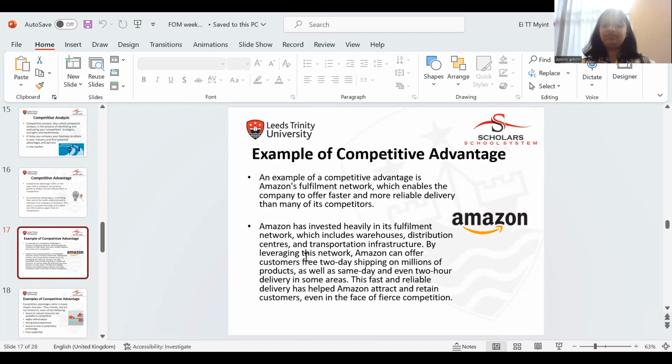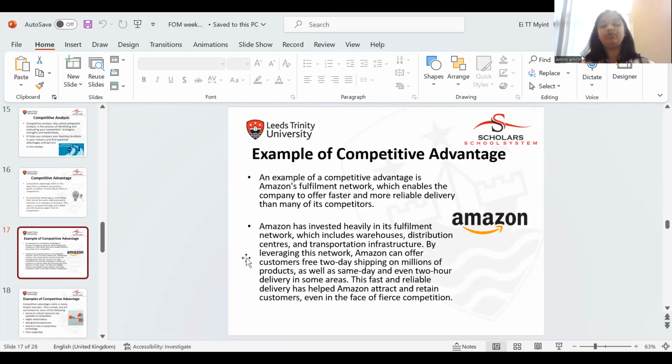Amazon has invested heavily in its fulfillment network. There is a huge network of Amazon, which includes warehouses, distribution centers, transportation, infrastructure, and many more. By leveraging this network, Amazon can offer customers free 2-day shipping on millions of products, as well as same-day, even 2-hour delivery in the same area.